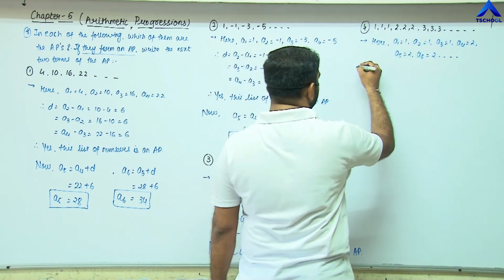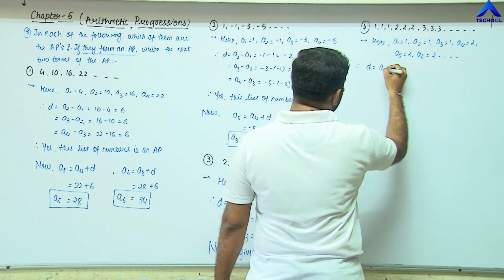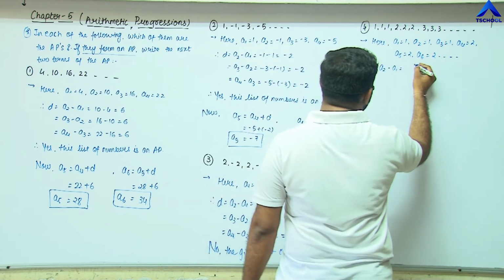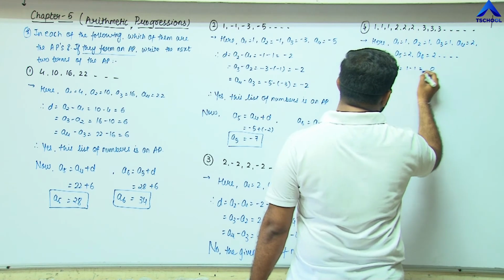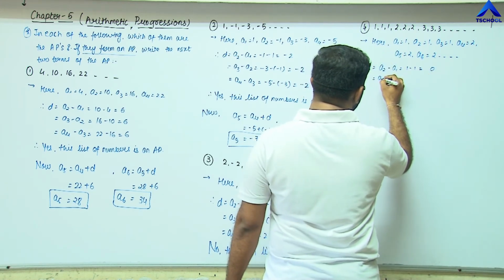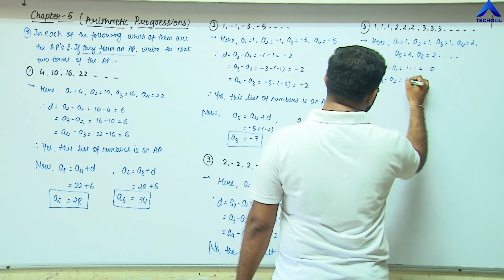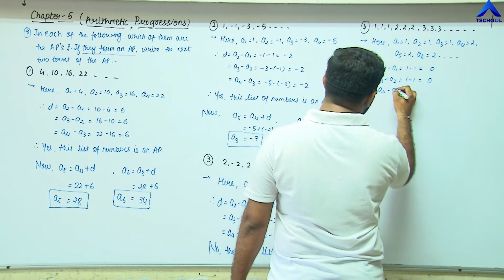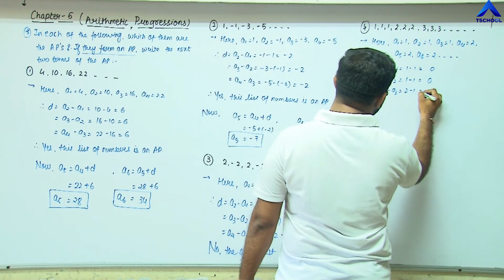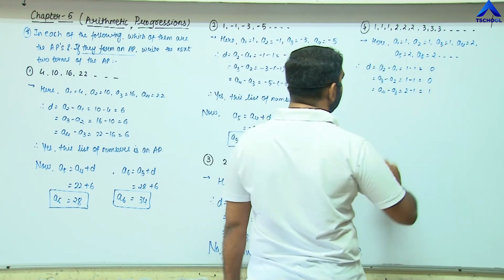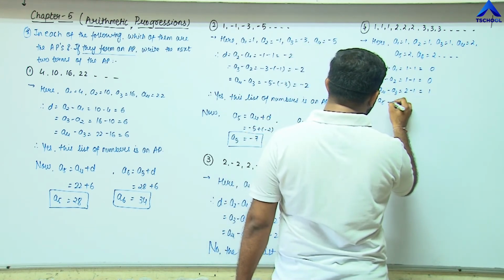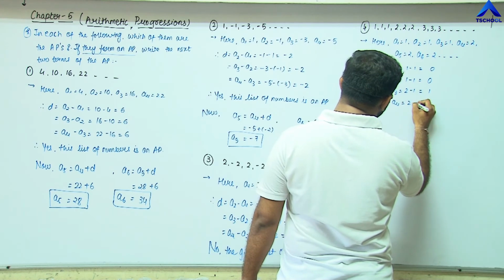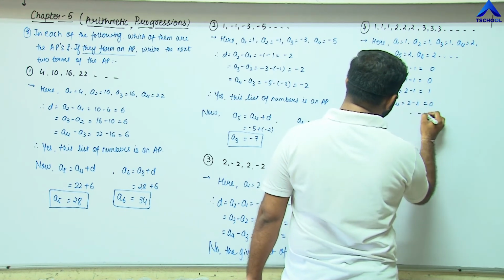Therefore the difference, that is a2 minus a1, which is 1 minus 1, which equals 0, or a3 minus a2, that is 1 minus 1, which is equal to 0, or a4 minus a3, that is 2 minus 1, that is equal to 1, or a5 minus a4, that is 2 minus 2, which is equal to 0, and so on.